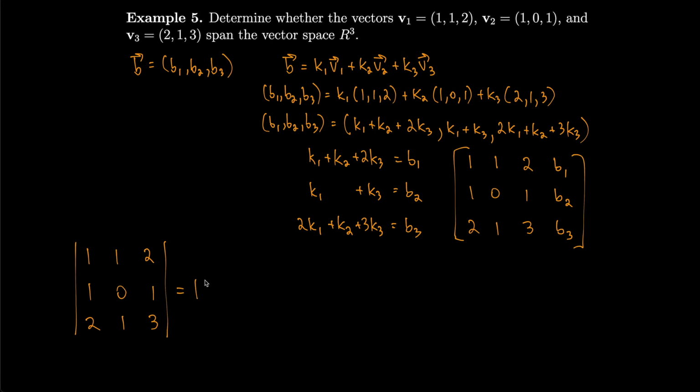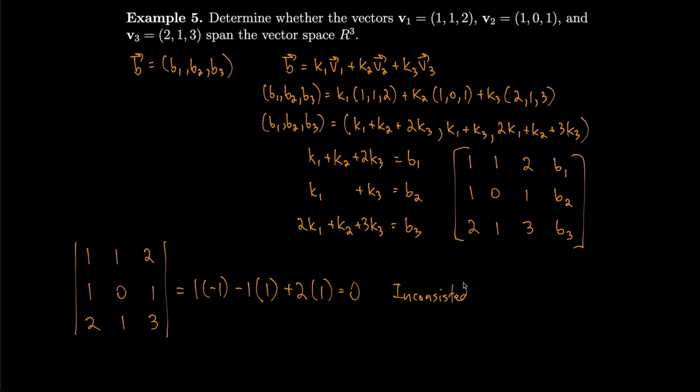So that's 1 times minus 1. And then minus 1 times 1 times 3 minus 2 times 1. So 1. And then plus 2 times the determinant of this guy. So plus 2 times 1, which is 0. The determinant is 0.